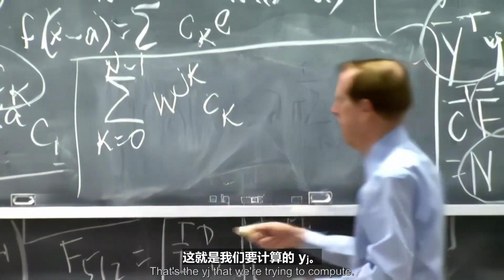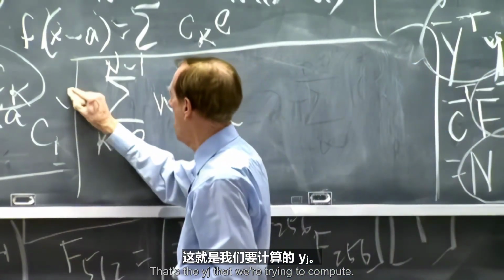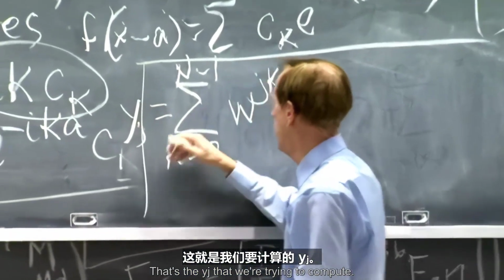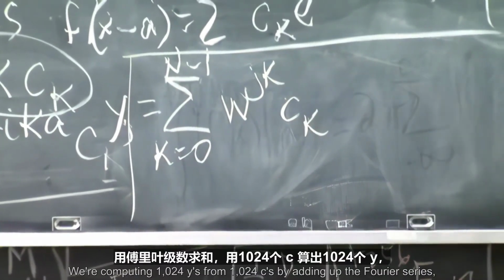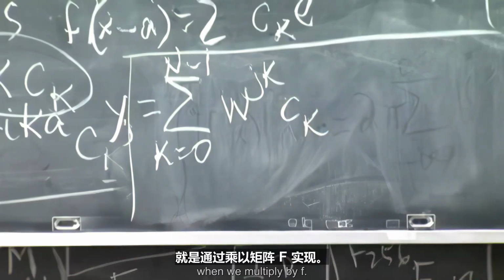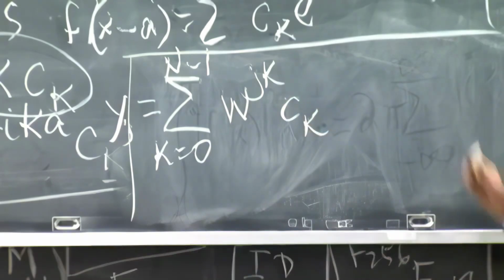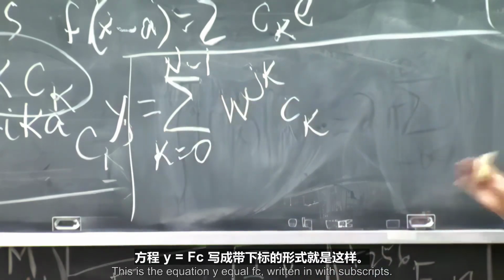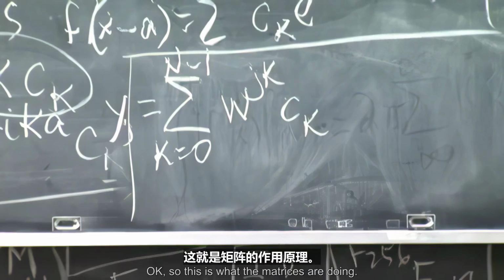That's the yj that we're trying to compute. We're computing 1024 y's from 1024 c's by adding up the Fourier series when we multiply by F. This is F. This is the equation y equals Fc written with subscripts.